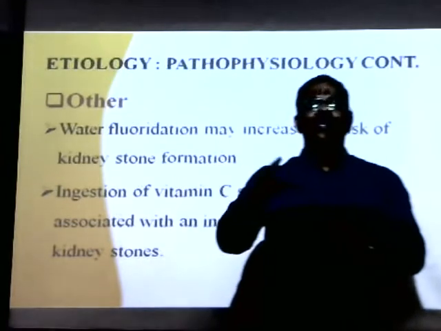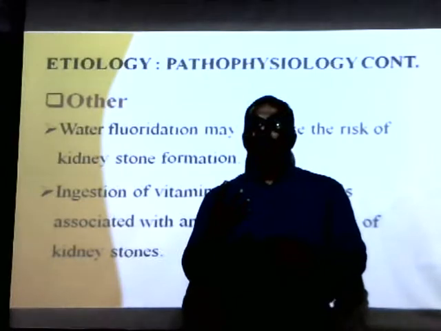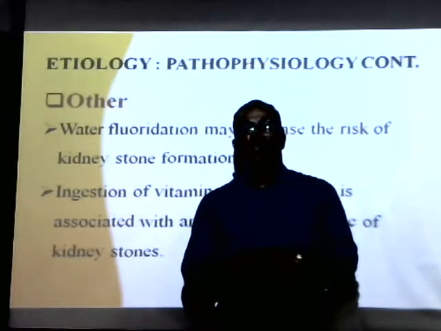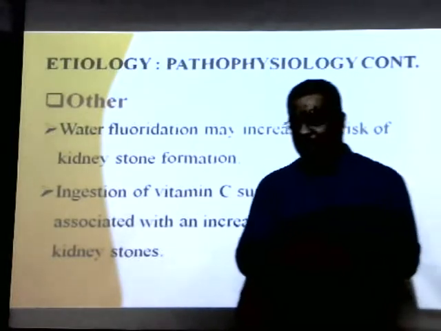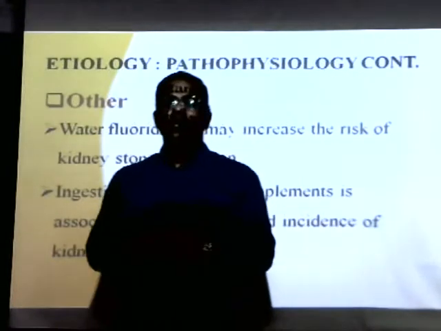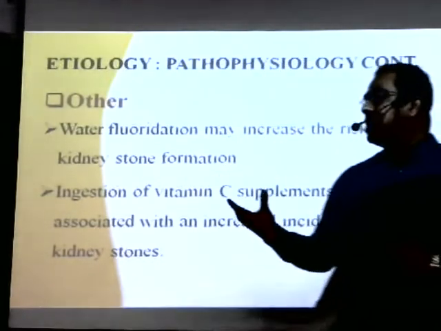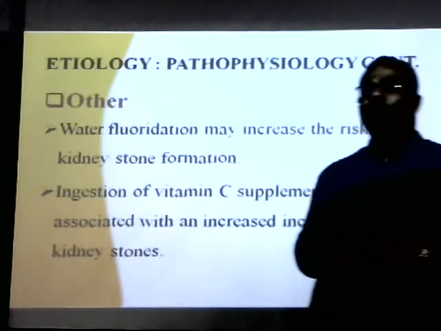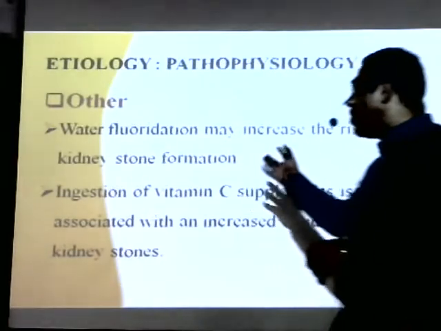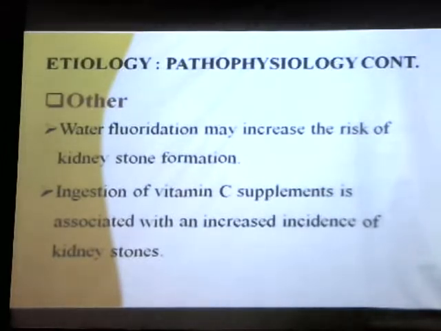This is a classical study: in the city of Jaipur, particularly the area of Sanganer, the water table under the earth contains a high quantity of fluoride. So this fluoride content might also promote stone formation as people drink this water, and that might promote the formation of renal calculi.